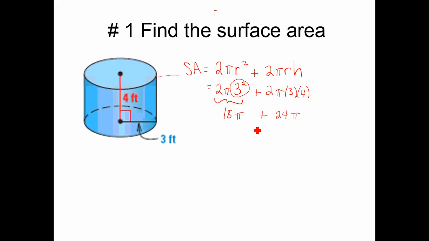We would have 42 pi. Now if I wanted to get a decimal approximation for that, 42 times pi, we could go ahead and calculate in our calculator. 42 pi would be about 131.9 feet squared. Okay, surface area, square feet. So that's how I would use that formula to find the surface area.